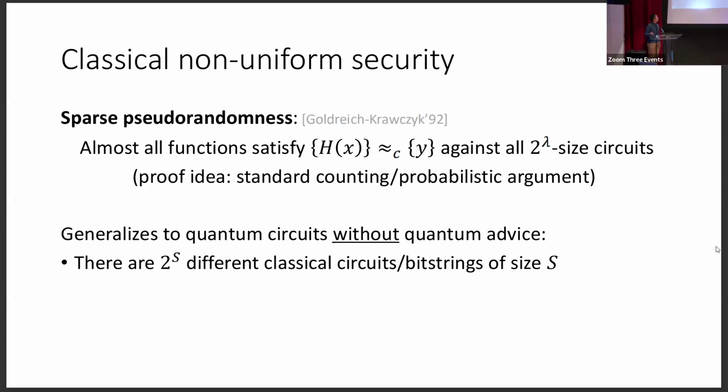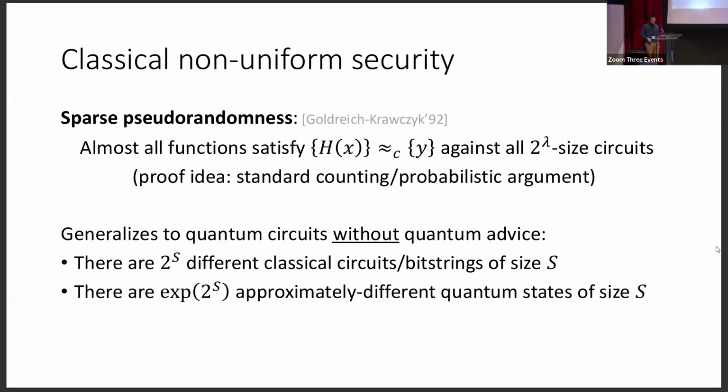The reason it doesn't generalize is that the proof uses a counting argument. We count how many different classical circuits there are of a certain size, let's say S. Each can be expressed as a bit string of length S, so there are in total 2 to the S many different classical circuits.